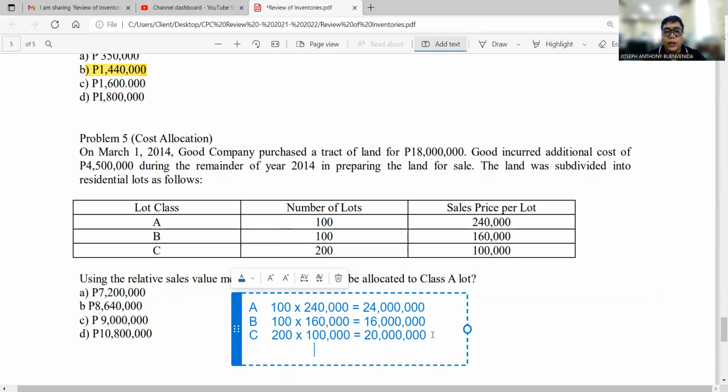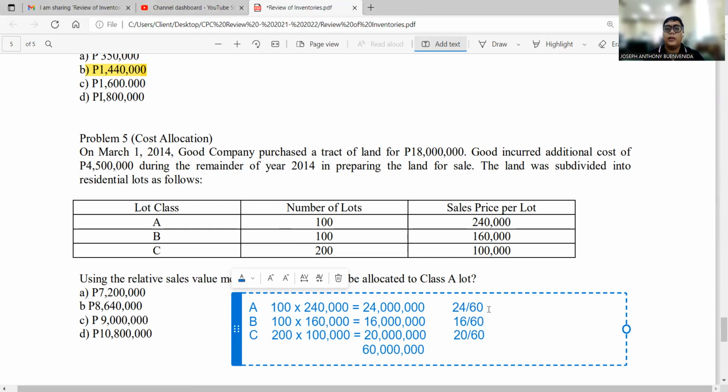Using this cost. So pila ning total sini? 24 plus 16 plus 20, 60 million. So i-prorate naton sila using the actual sales price nila of each class of lot. So 24 divided by 60. So ang ratio nila is 16 over 60 and 20 over 60.